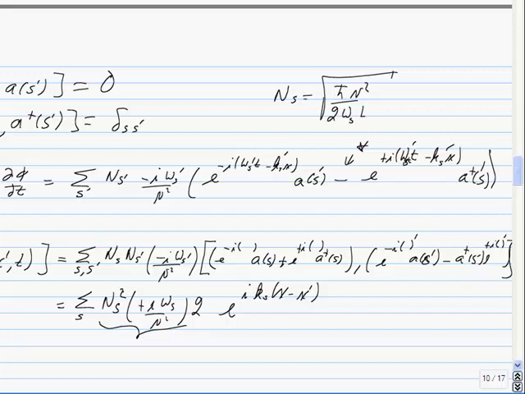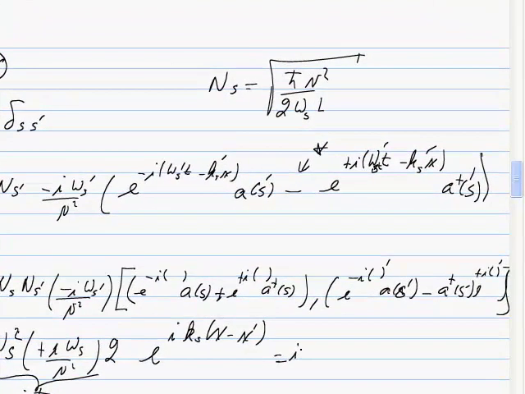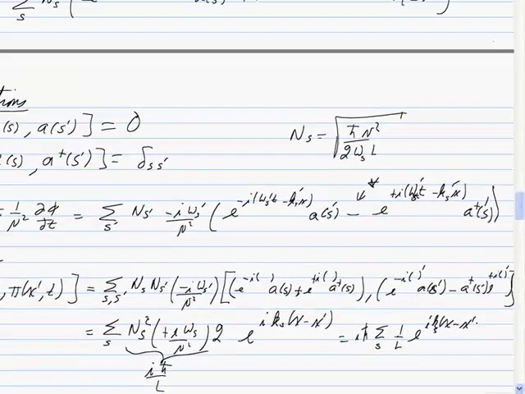So the 2 omega s cancels, the v squared cancels, it becomes i h bar over L. So this turns into i h bar, sum over s, 1 over L e to the i k_s (x minus x prime).